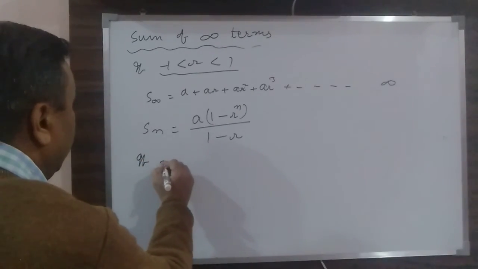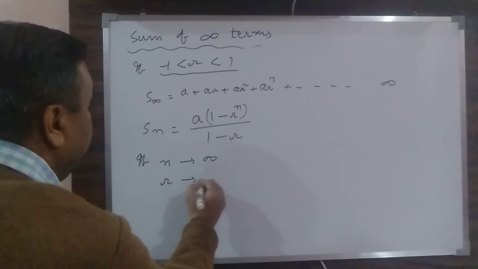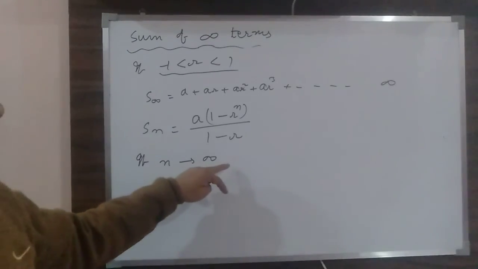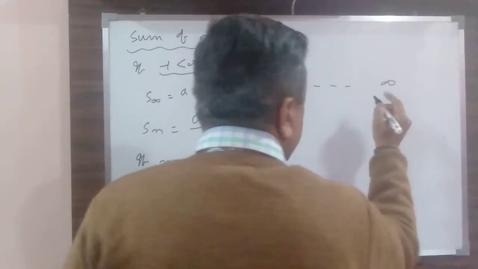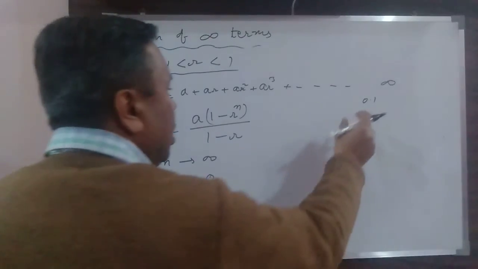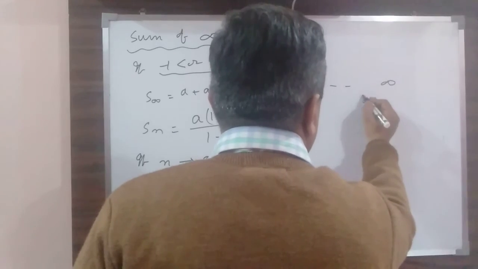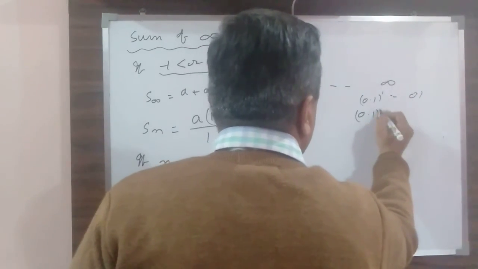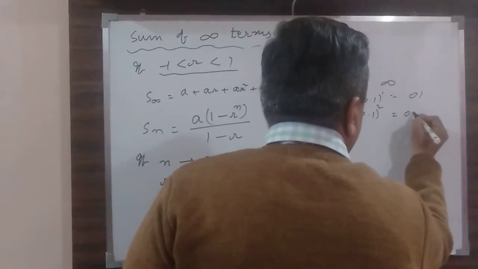Now what happens is, if n is tending towards infinity, then r^n will be tending towards 0. Why? Because if you just take one example, 0.1, and keep on increasing the power: 0.1 power 1 is 0.1, but 0.1 square is 0.01.